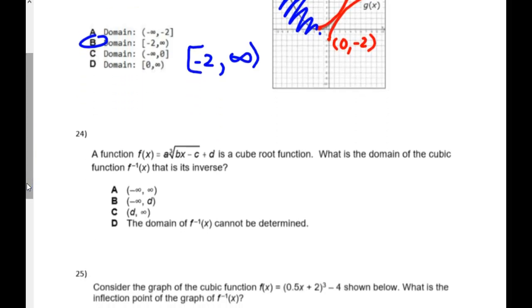Okay. Cube root function, what's the domain? Now remember, for cube roots, domain and range are negative to positive infinity, always. Cubic doesn't matter.